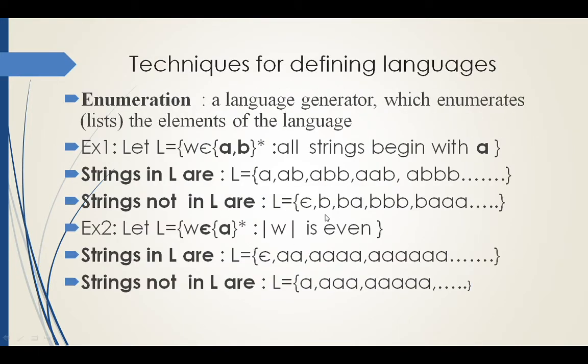Next, the strings which are not in L: the empty string, because it should begin with A, so one single A must be there. So the empty string does not belong to the language. If the string starts with B, a single character B, it is not allowed because the condition is that it should start with A only. BA, BBB, BAA are invalid strings.